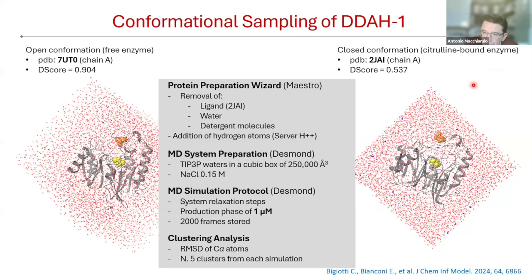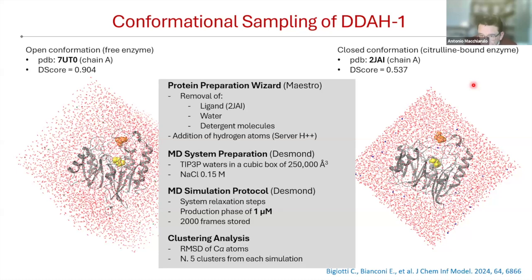We added hydrogen atoms according to the pKa values of acidic and basic residues calculated using the H++ server. Then we solvated the proteins in a cubic box of TIP3P waters, added sodium chloride, and ran 1 microsecond simulations, sorry, here there is a mistake, it's not 1 micromolar but 1 microsecond, for both the open and the closed conformation of the enzyme.